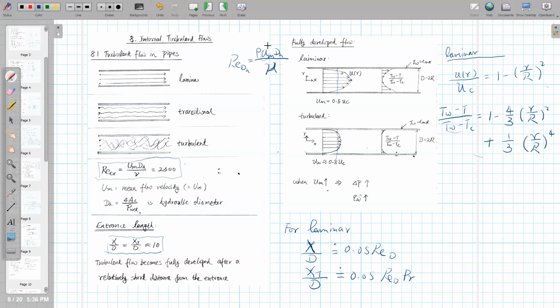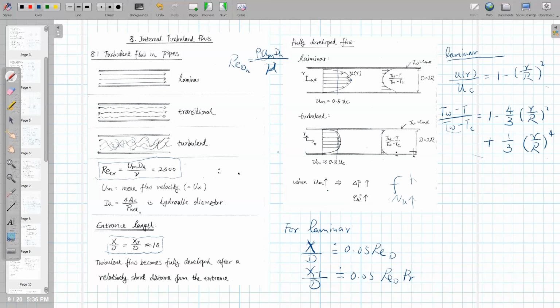Basically, the larger the velocity, the higher the pressure drop, which means the friction factor F will likely increase. Also, with higher turbulent velocity you would like to have a larger heat transfer rate, which means your Nusselt number will also increase.